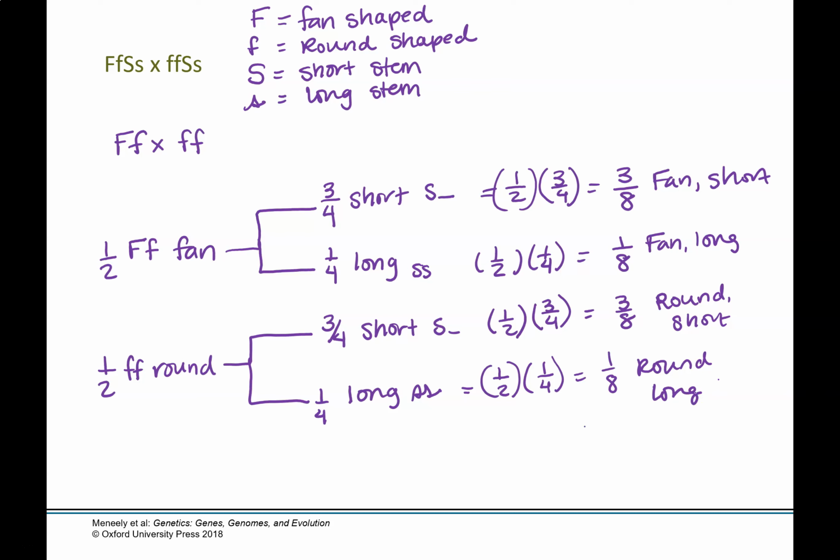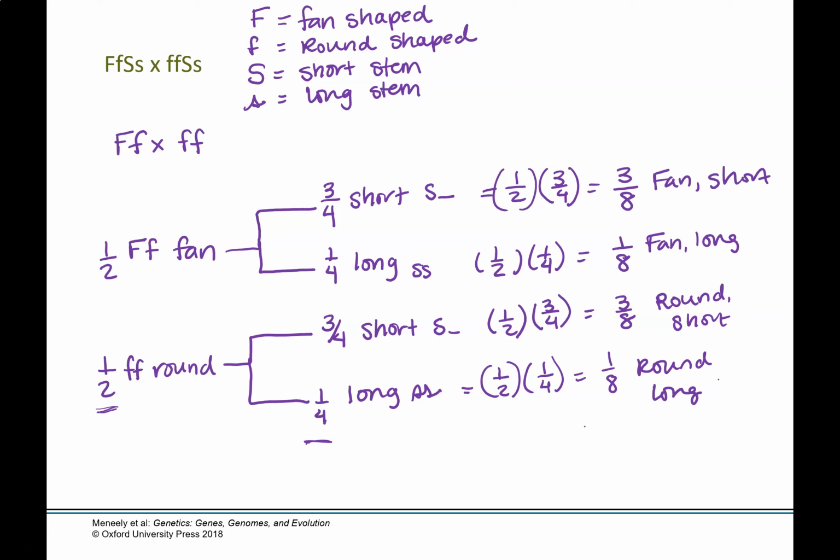So I could ask you to find all the probabilities, or I might just ask you to tell me the probability of having round and long. Some of that you might be able to do even shorthanded. If you just look at the individual crosses, you could say, oh, there's a half chance of being round and a quarter chance of being long, just based on the two Punnett squares.